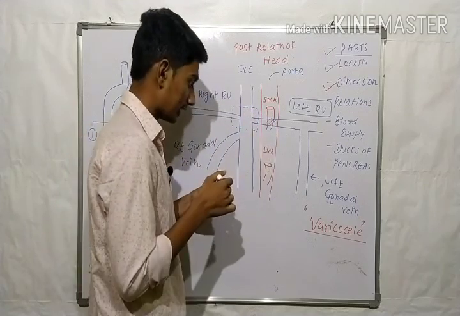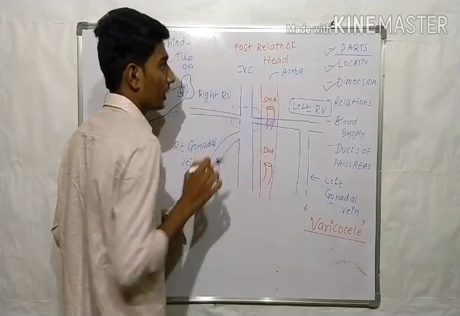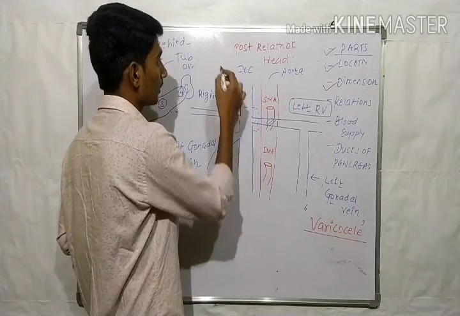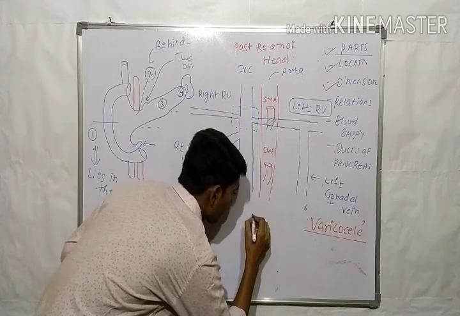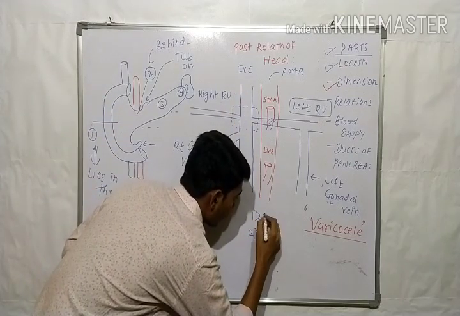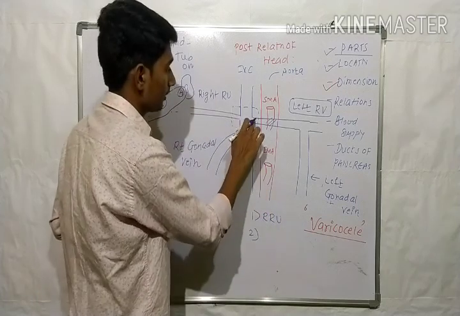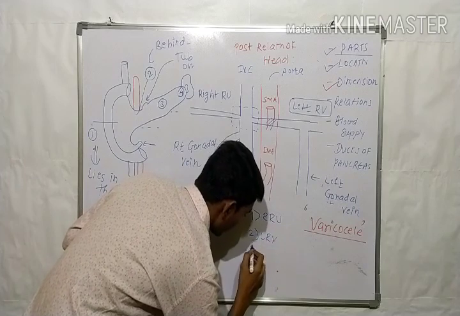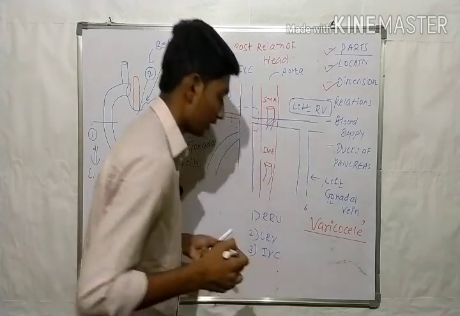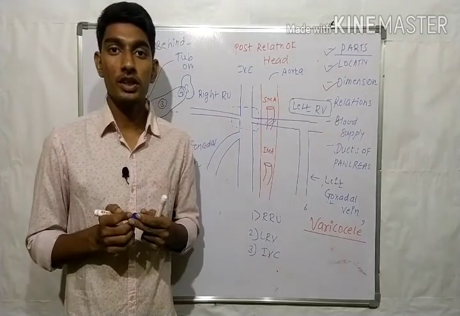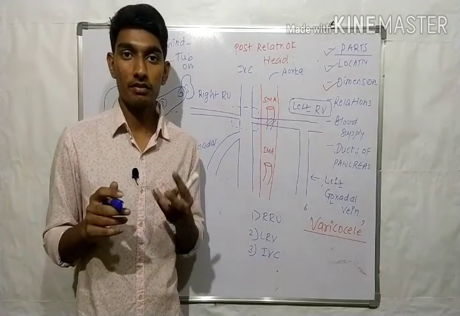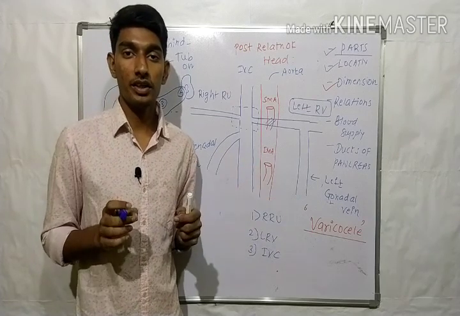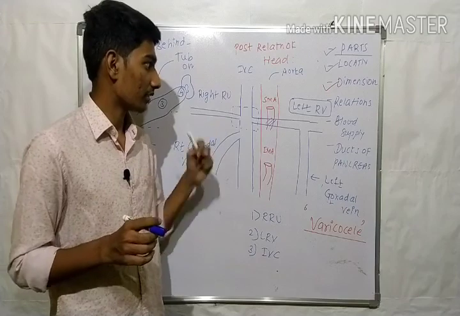In the posterior relations of the head of the pancreas, we have three veins: right renal vein, left renal vein, and inferior vena cava.